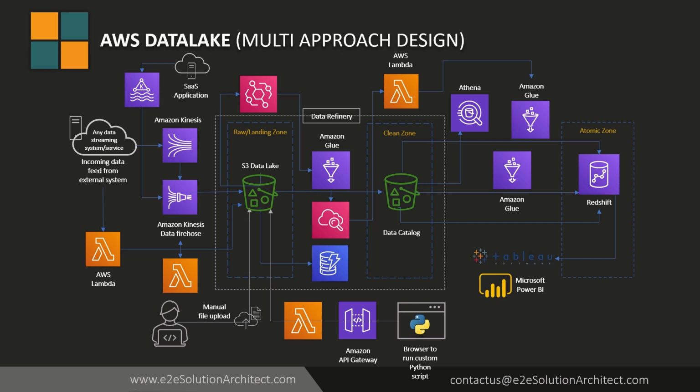So as a whole, our data lake series will talk about the multiple approaches of this whole design. But don't worry, it is a multi-approach combined design. So when you are actually creating any data lake solution, you will not be using the whole architecture because there are multiple options combined in this design.